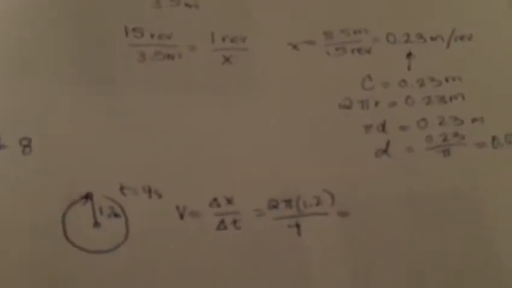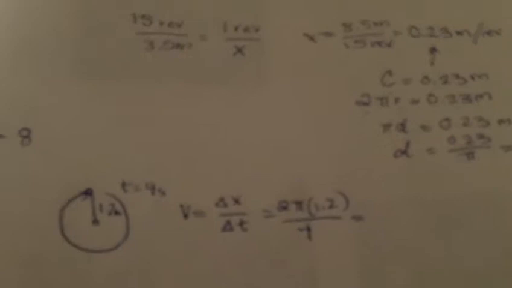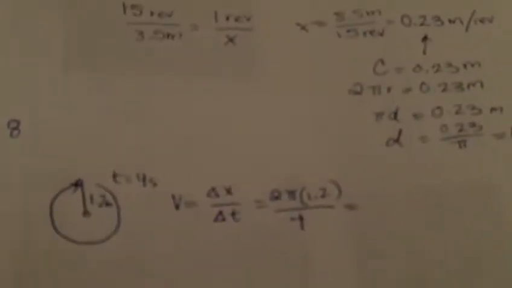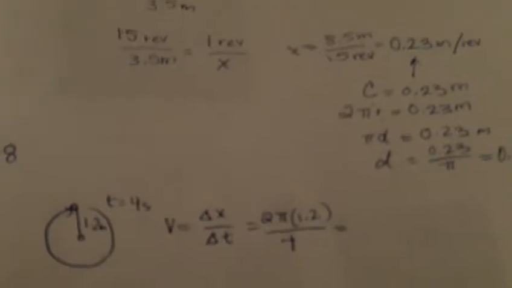The distance she goes in 4 seconds is the whole circumference, so that's 2 pi r, which is 1.2, divided by 4, and we get 3.14 times 1.2 divided by 2. About 1.8 meters per second. 1.9, I guess, if you round. So that was one thing we wanted to know.